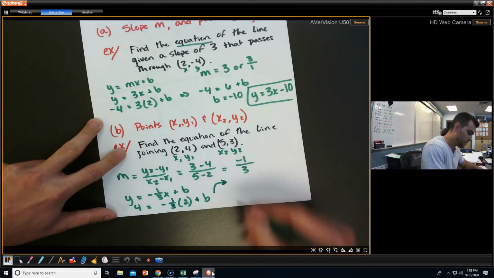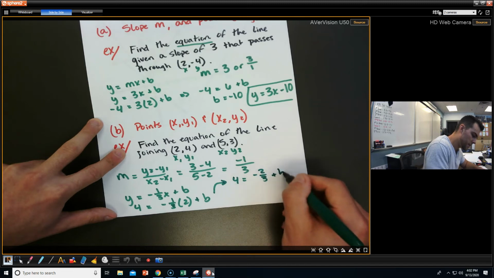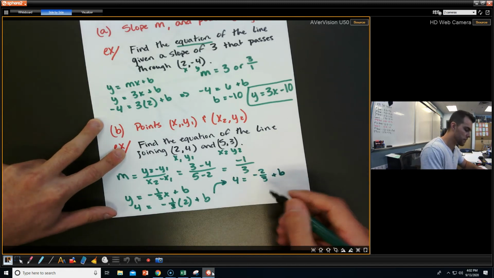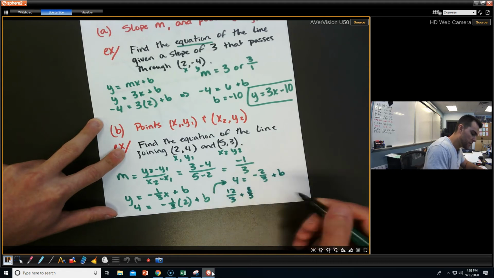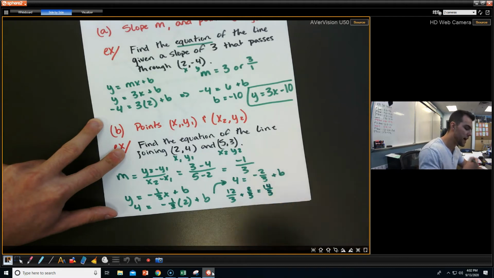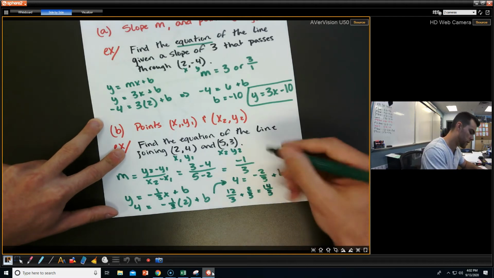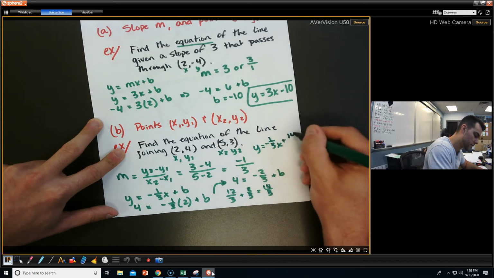We get 4 equals negative 2/3 plus b. I add the 2/3 over, so this is 12/3 plus 2/3, which equals 14/3. So that's my b right there. So my final form for my equation is y equals negative 1/3 x plus 14/3.